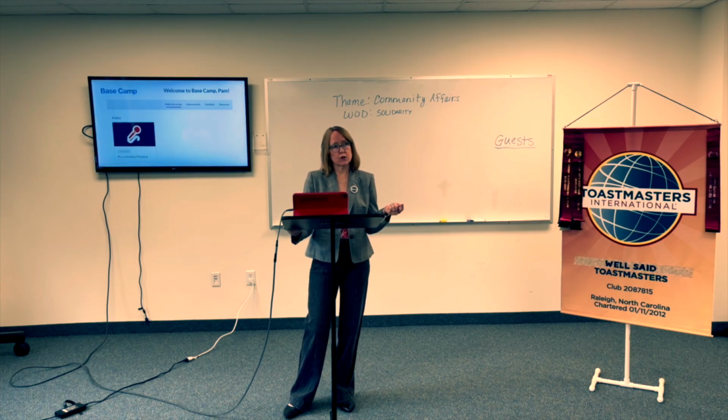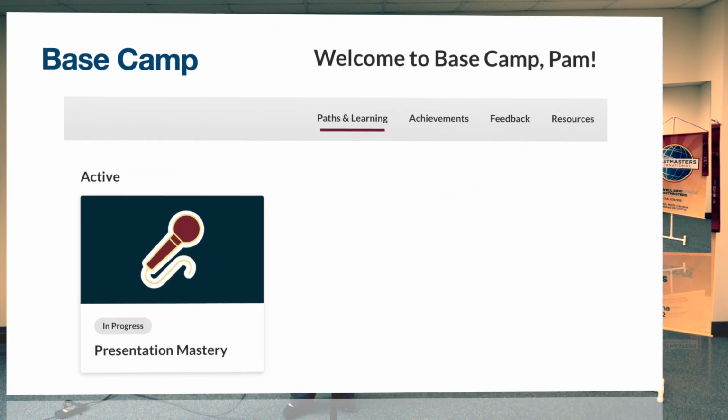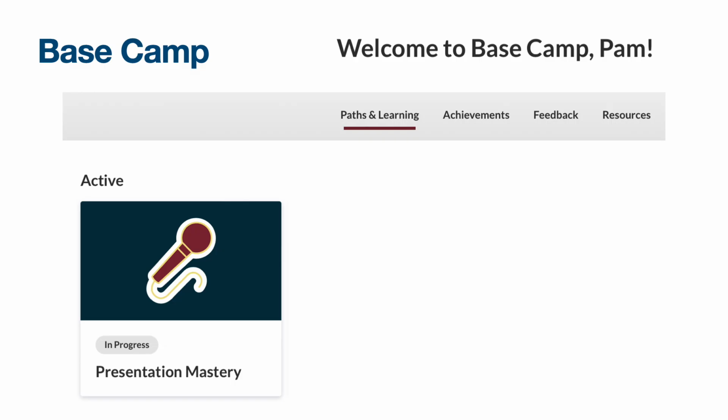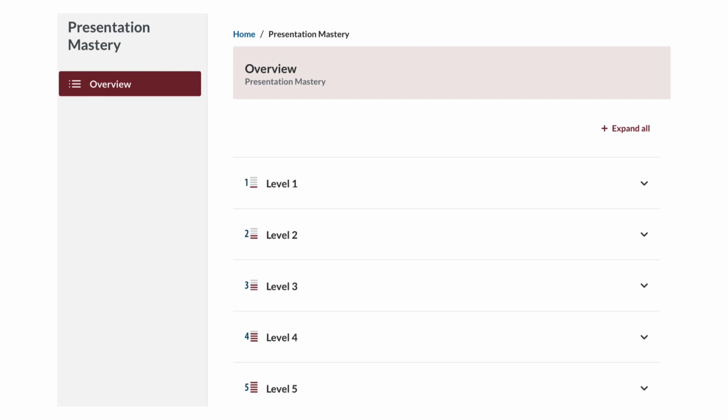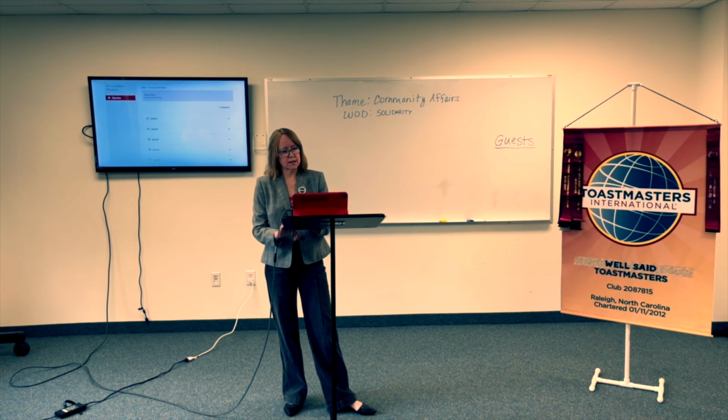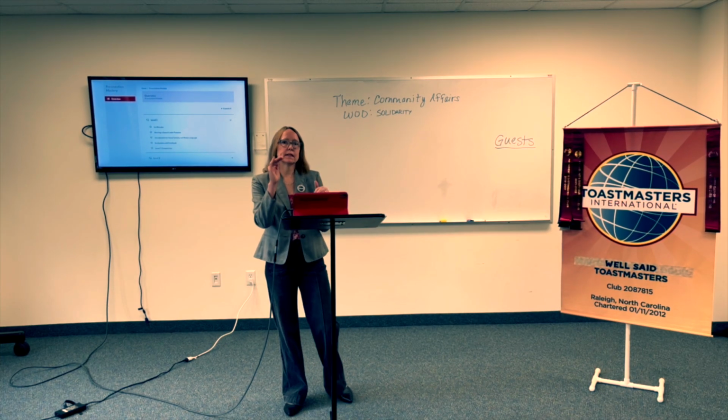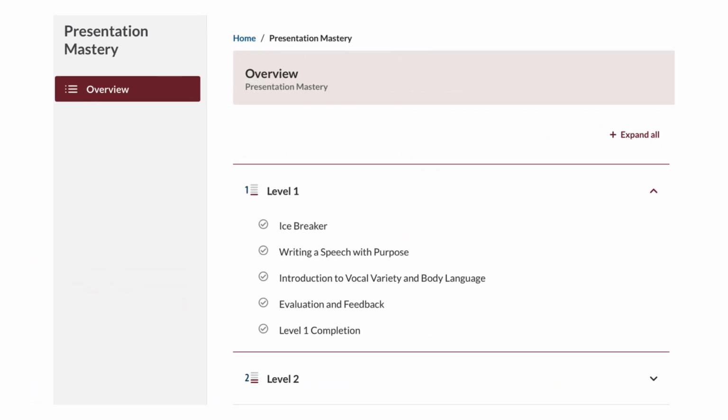Once you have chosen your pathway, you're going to come back into Basecamp and click on your active pathway. This shows you an overview of all the 5 levels that you have, and you can expand them by clicking on the little down arrow so that you can see the details of all of the different levels, so that you can plan ahead if you choose.